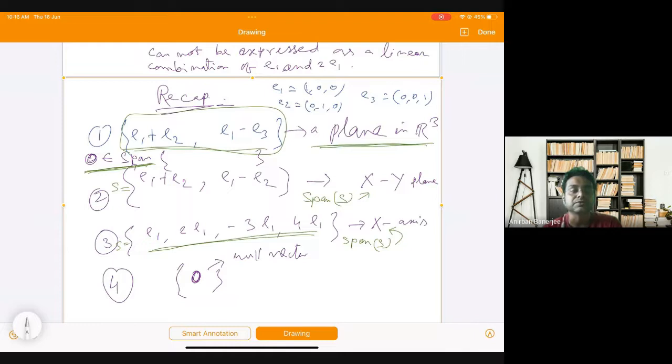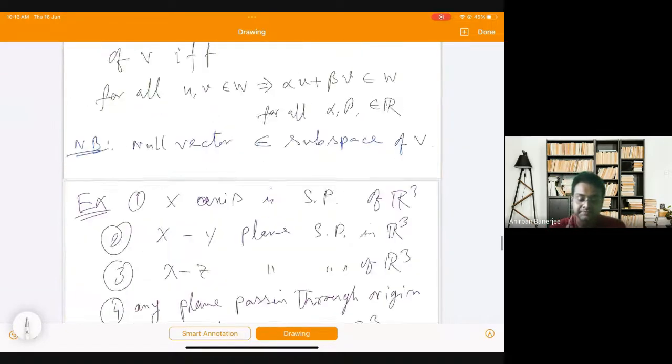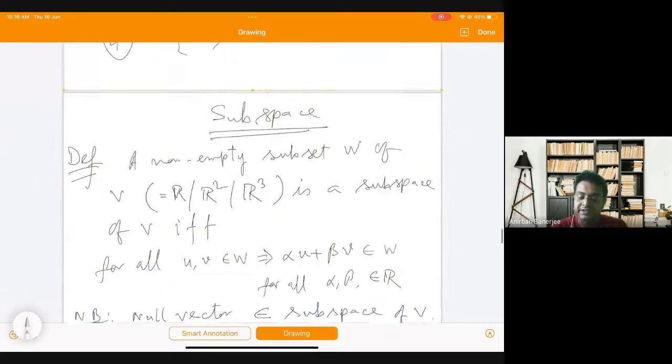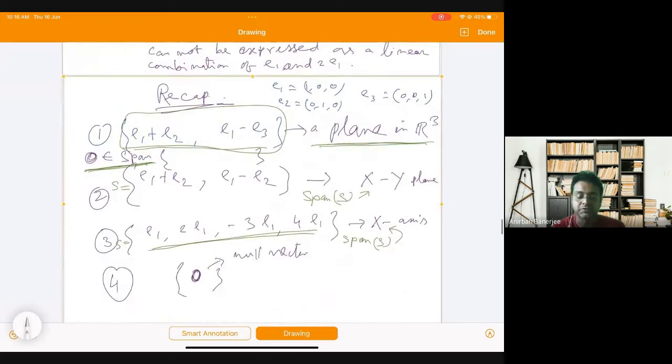That also may or may not be so, as we have seen in the examples here. But if the span of those vectors forms a subspace, then we will say that that set generates that subspace. Fine. Any questions or doubts about this statement?